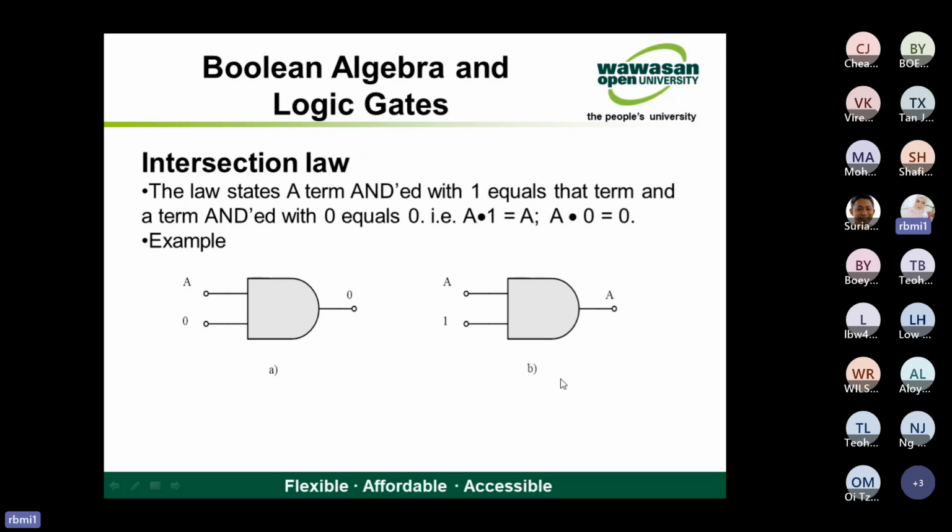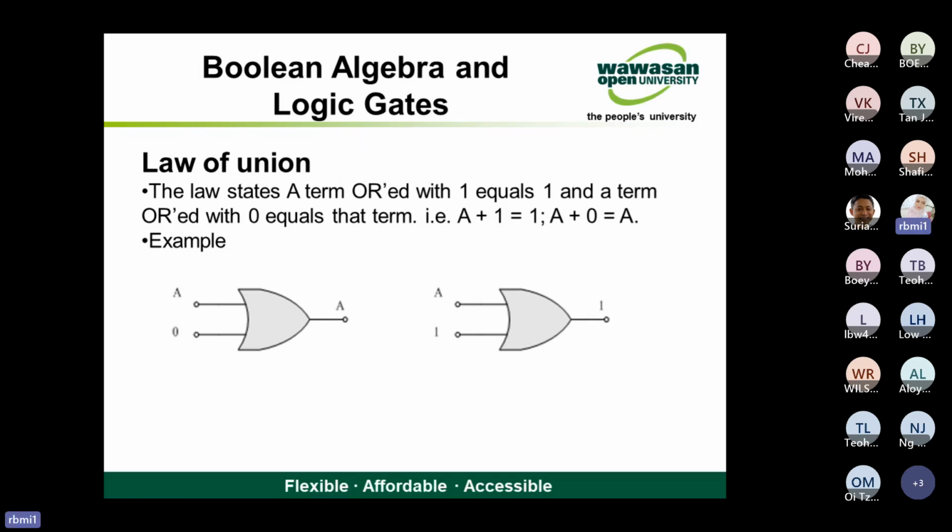So this is the law of intersection as implemented with AND logic gates. Anything multiplied with 1 will get the original condition, like here in this one, and anything multiplied with 0 will get 0.